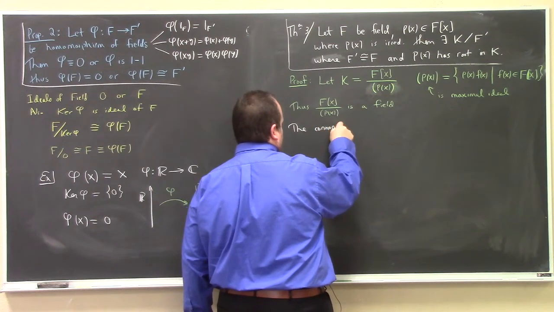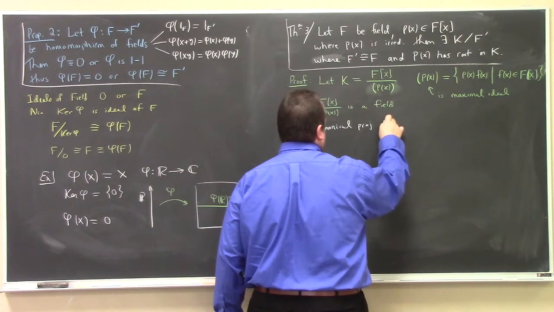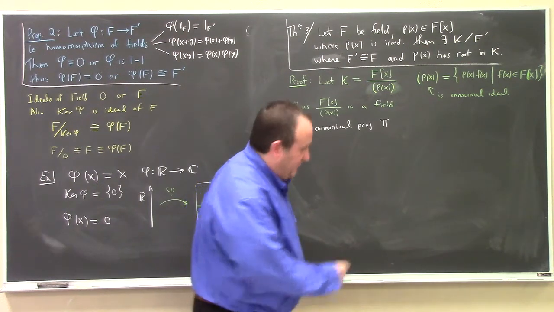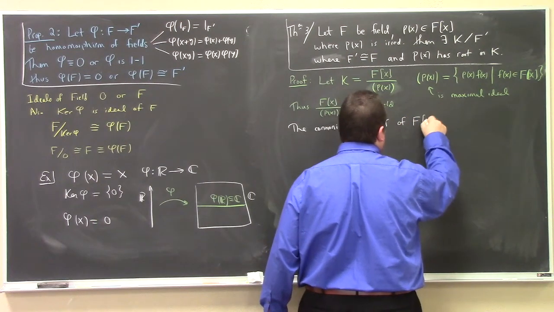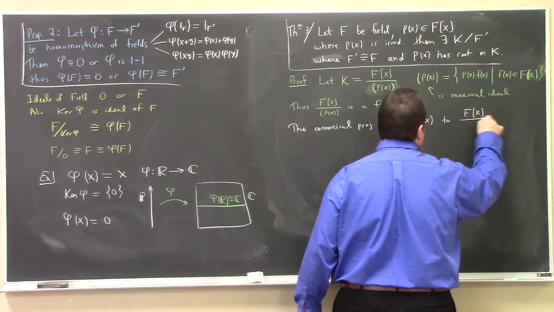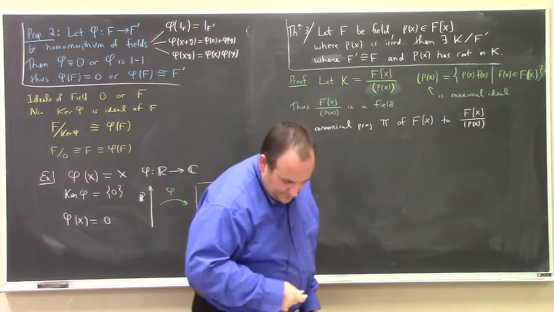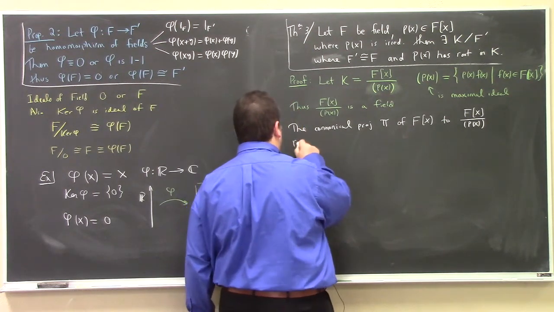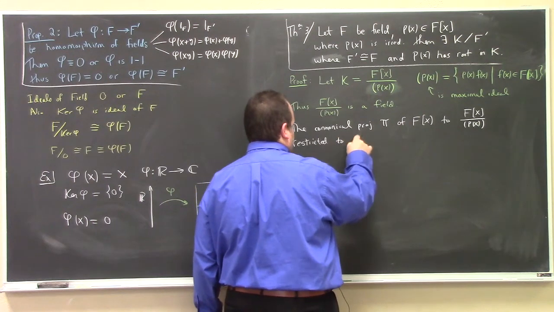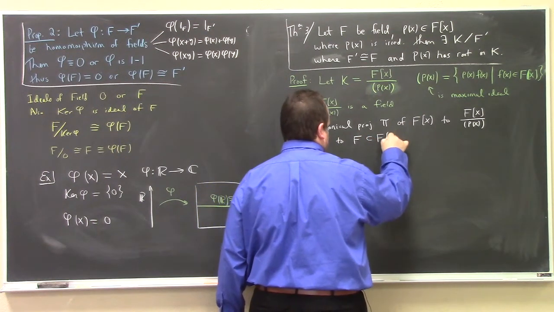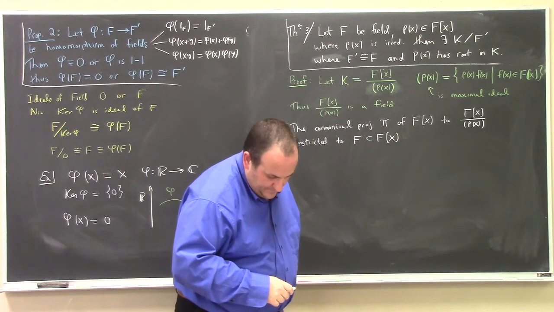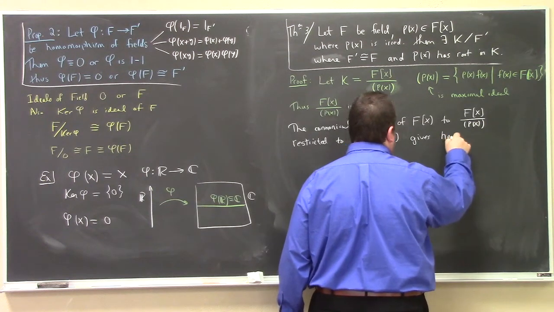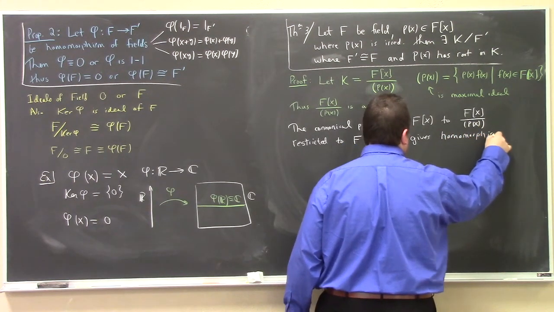The canonical projection pi of F of x to the quotient restricted to F gives a homomorphism phi.